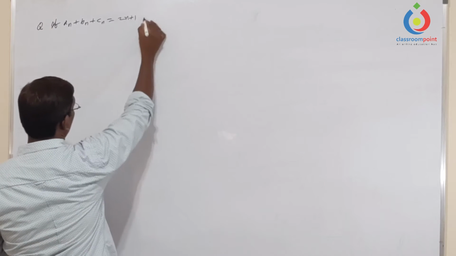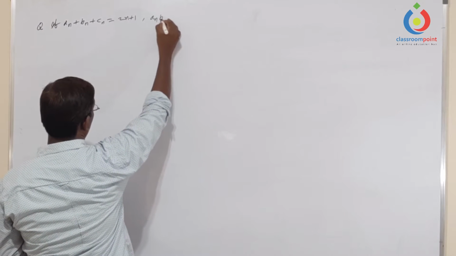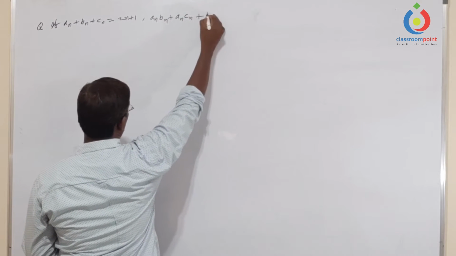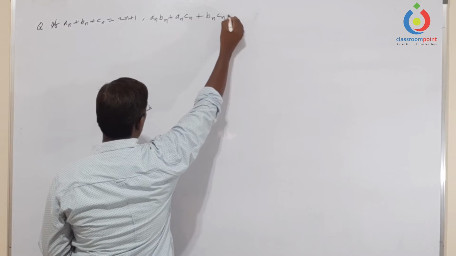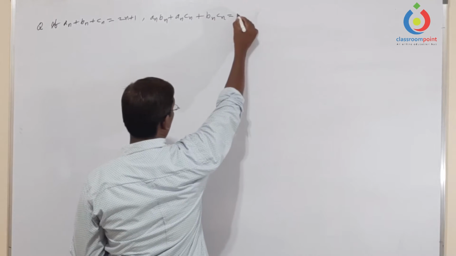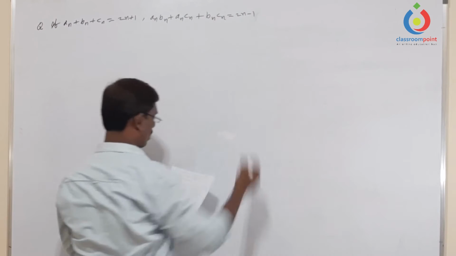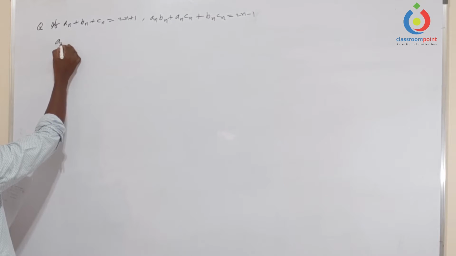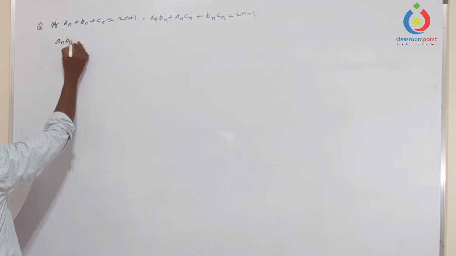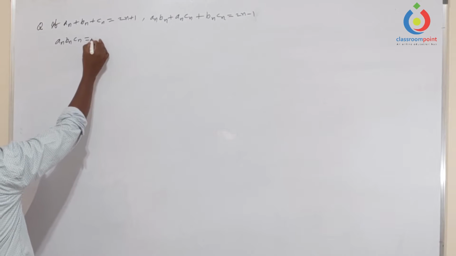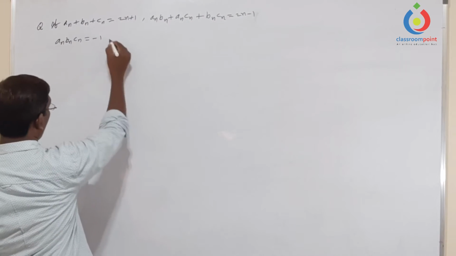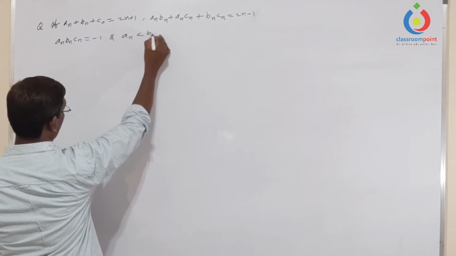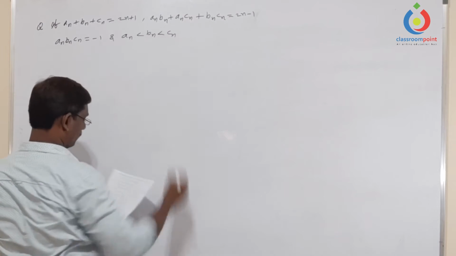next, an bn plus an cn plus bn cn is equal to 2n minus 1, and an bn cn is equal to minus 1, and an is less than bn less than cn.